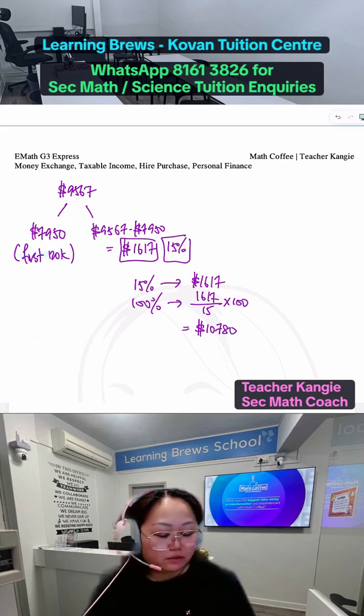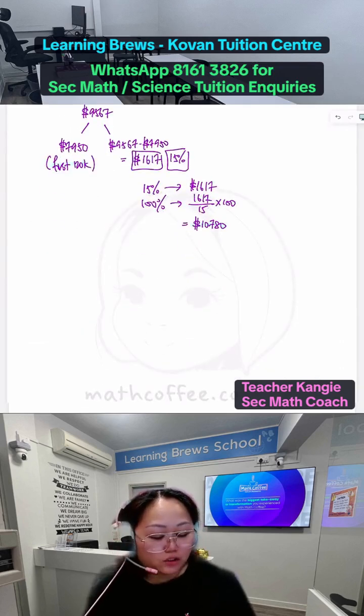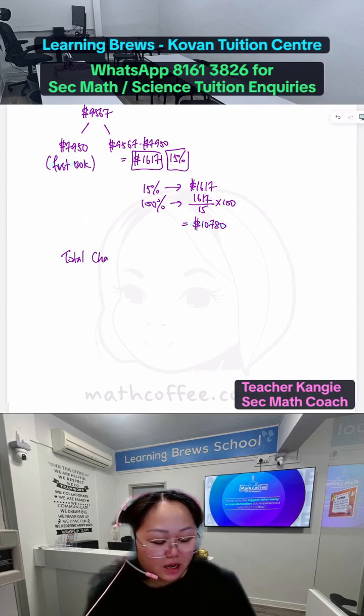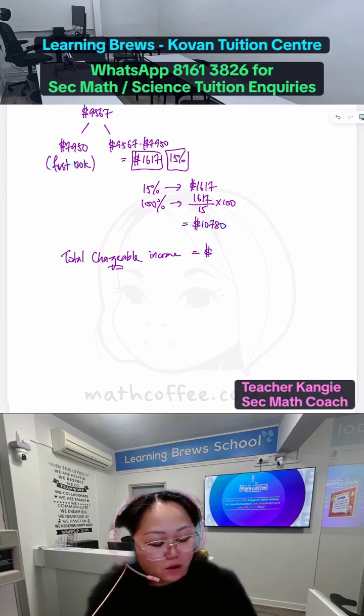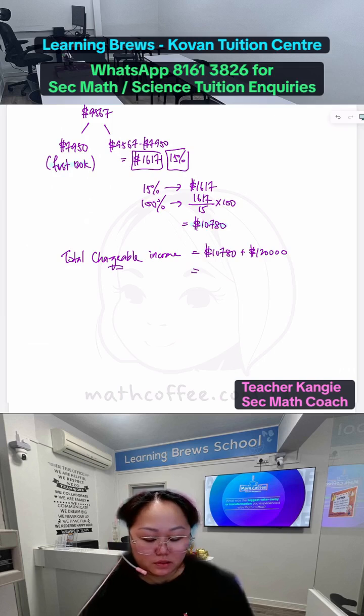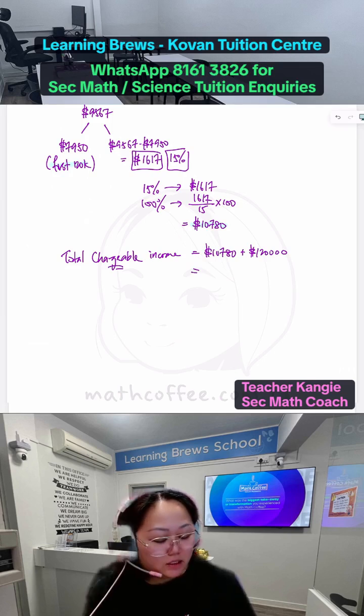So the first 120,000 is charged as this 7950, and then on this 10780, they charge the 1617 tax. So the total chargeable income, the keyword being chargeable income, is 10780 plus 120,000. That means the total chargeable income is 130,780.